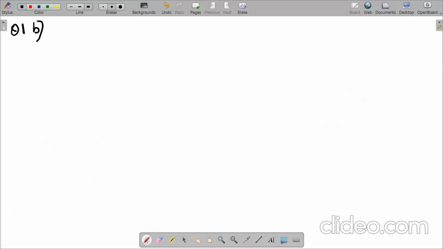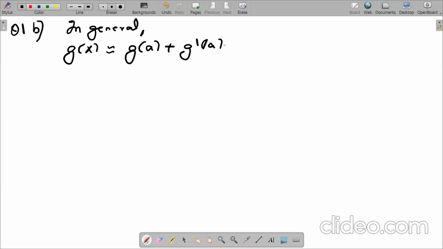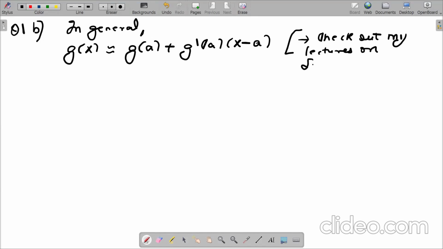If I have to do the linear approximation in general, I can write that g of x is approximately equal to g of a plus g dash a times x minus a. Check out my lectures on single variable differentiation.